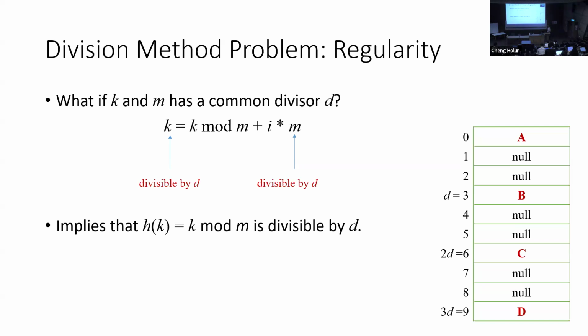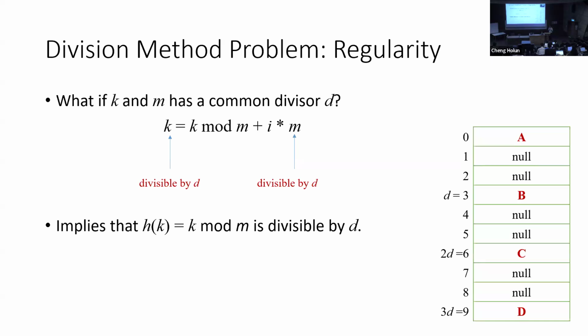That means if your table size has more factors, more divisors, then your chances of collision will be bigger. So what is the best number for the table size then? Prime numbers. That's why hash table sizes are usually prime numbers.